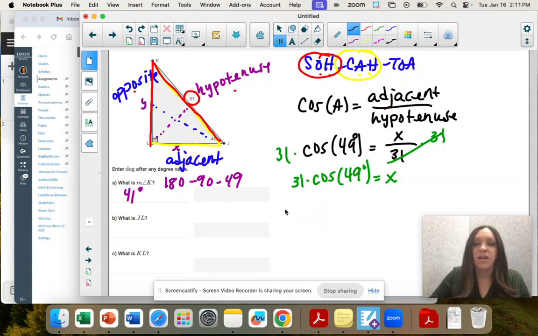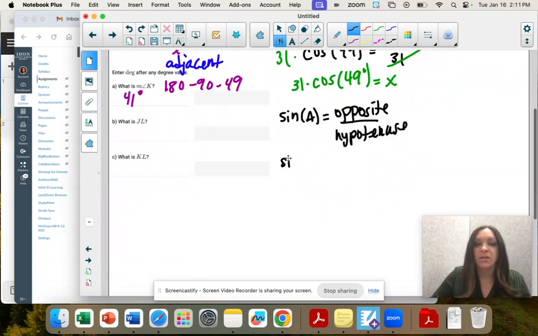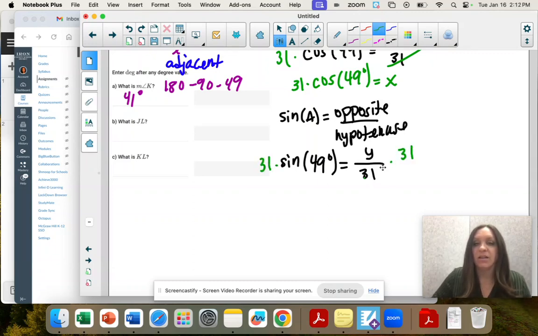So we're going to use sine of some angle, which equals the opposite divided by the hypotenuse. And let's just plug in everything we know, just like we did last time. So our angle is 49 degrees. The opposite side is y, and the hypotenuse is 31. So it's the same thing, but now it's sine.